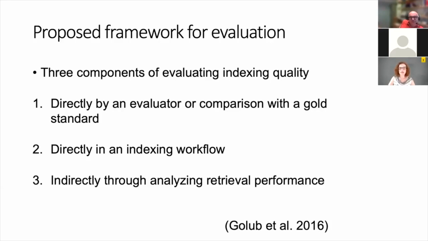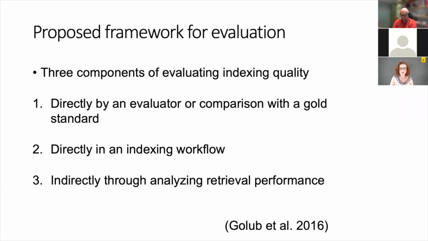We have conducted a project that proposed a framework for evaluation. That framework is rather comprehensive and includes three components in order to be able to evaluate indexing quality. One is by comparison with the gold standard, but that gold standard should also be carefully crafted rather than just taking what is out there, or what is also sometimes the case, paying students to decide whether something is on a topic or not.